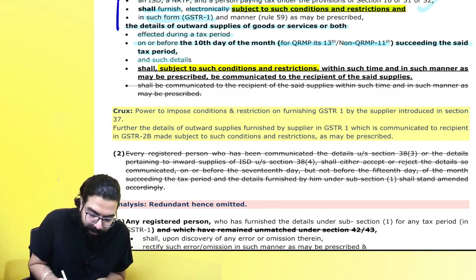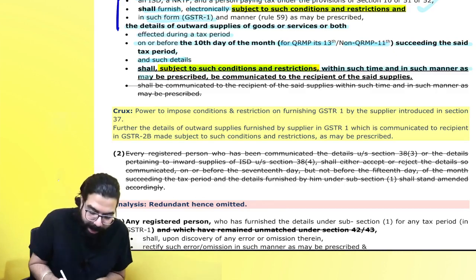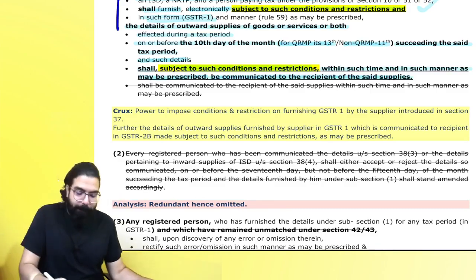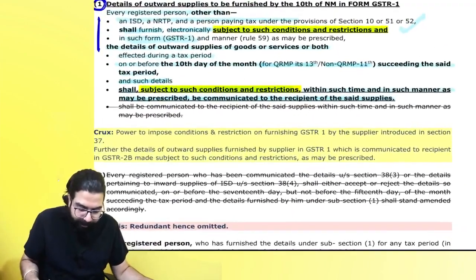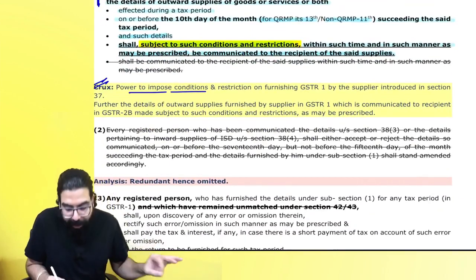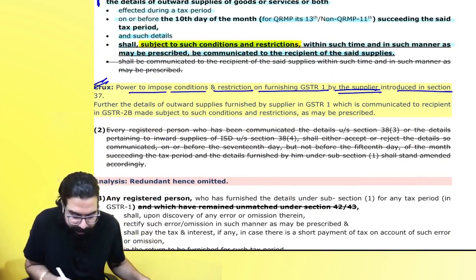And sir, such detail shall, subject to condition and restriction, within such time and in such manner as may be prescribed, be communicated to the recipient. It means, everyone over here, I have written the power to impose condition and restriction on furnishing GSTR 1 by the supplier, now introduced in the section.